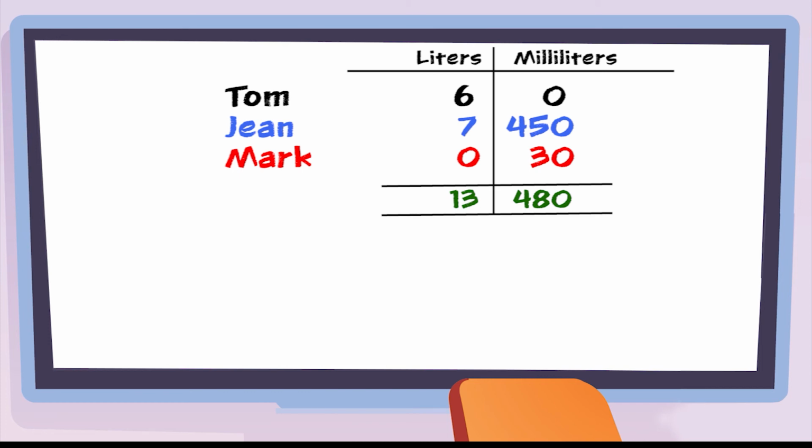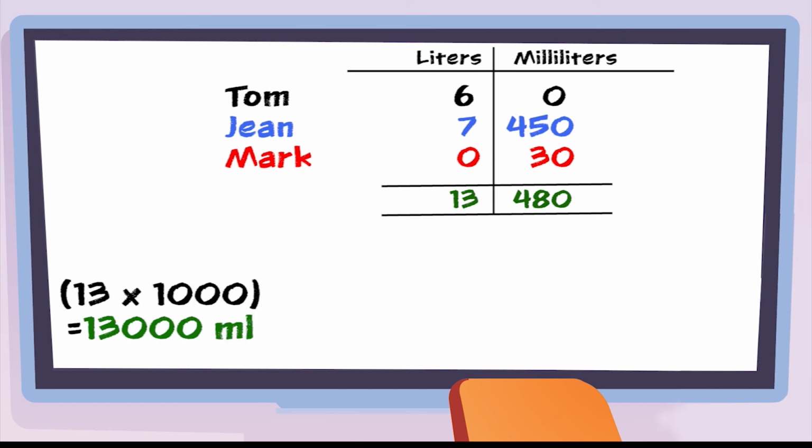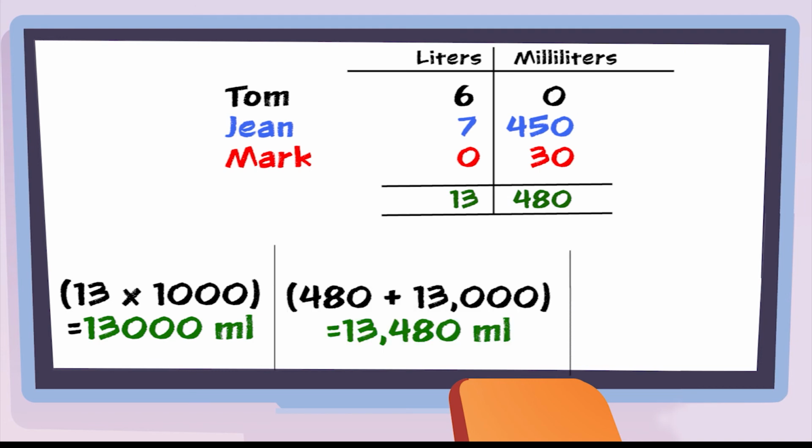To do so, we multiply 13 by 1,000. We'll get 13,000 milliliters. We will add 480 milliliters of oil to 13,000 milliliters. The solution would be 13,480 milliliters of oil. That is the amount of oil that was purchased all together.